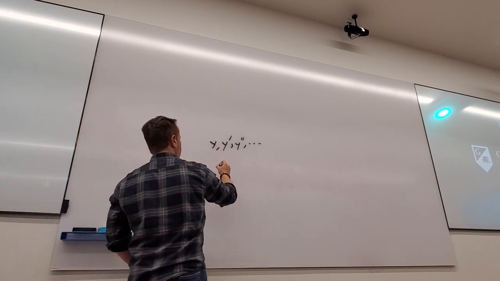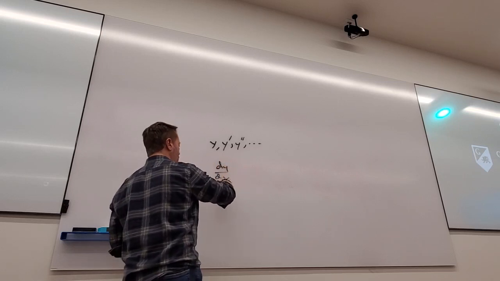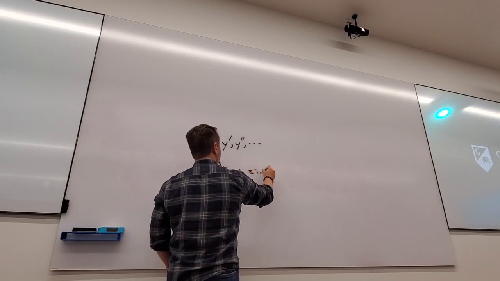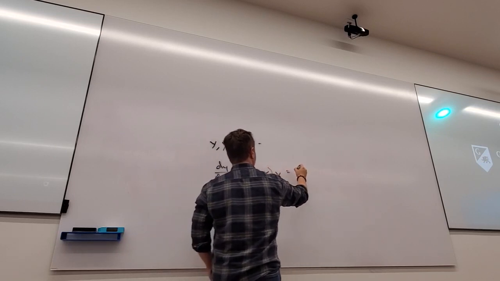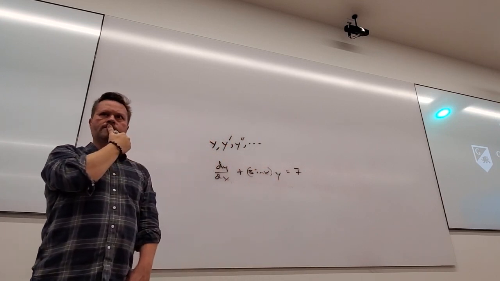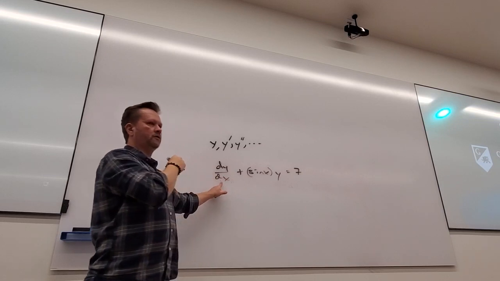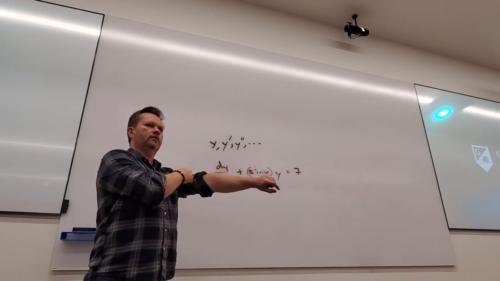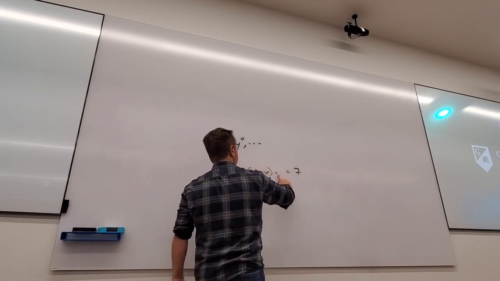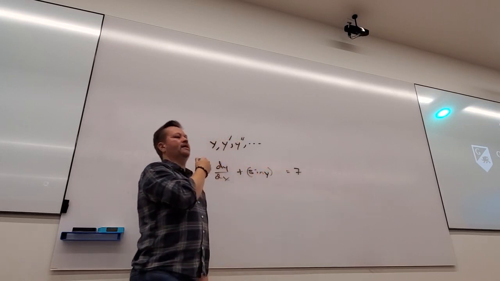So this equation, this ODE is all day long linear. Why is that linear? Y is to the first power, y prime is to the first power, linear, right? If I did this, it's not linear.